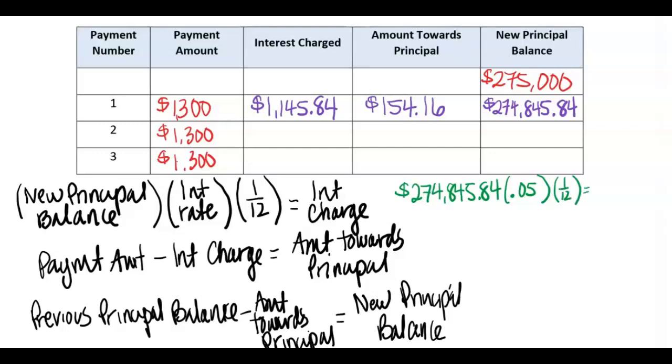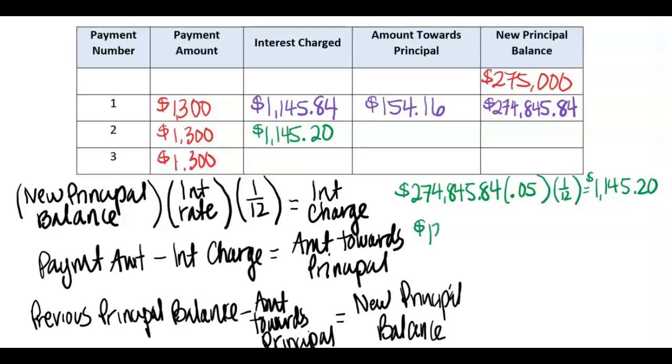Multiplying these, we get the interest charge as $1,145.20. So Sonia will be charged $1,145.20 for her second payment. That is the amount that goes towards interest.